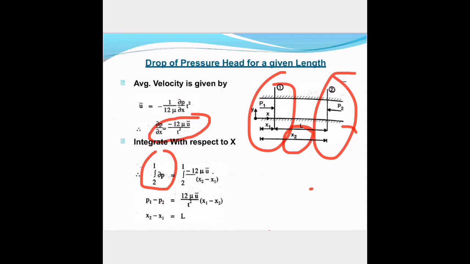So if you take only the del P term, the equation will be del P equal to minus 12 mu u bar divided by t square into del x. Okay, so integrate both sides from 2 to 1, then you will find this del x, the change in length.